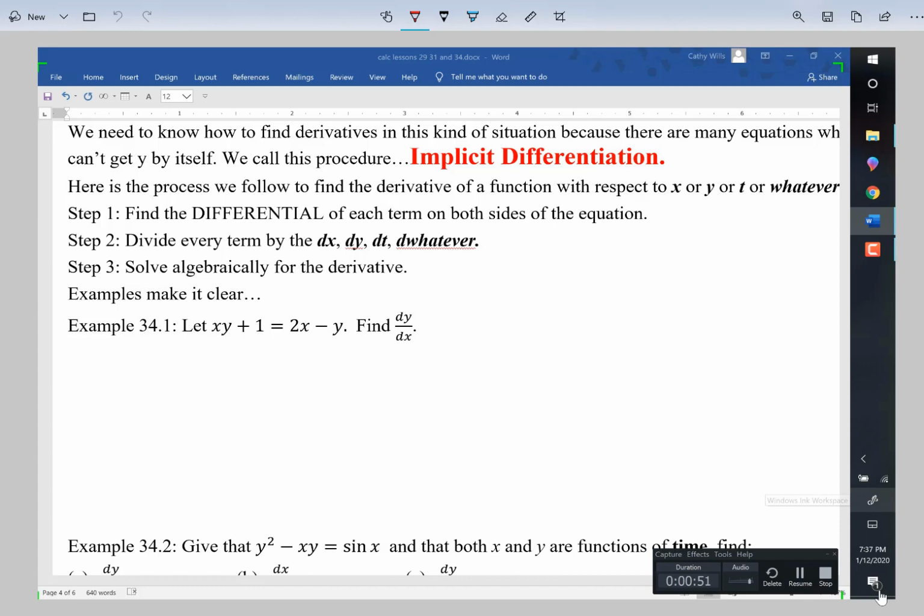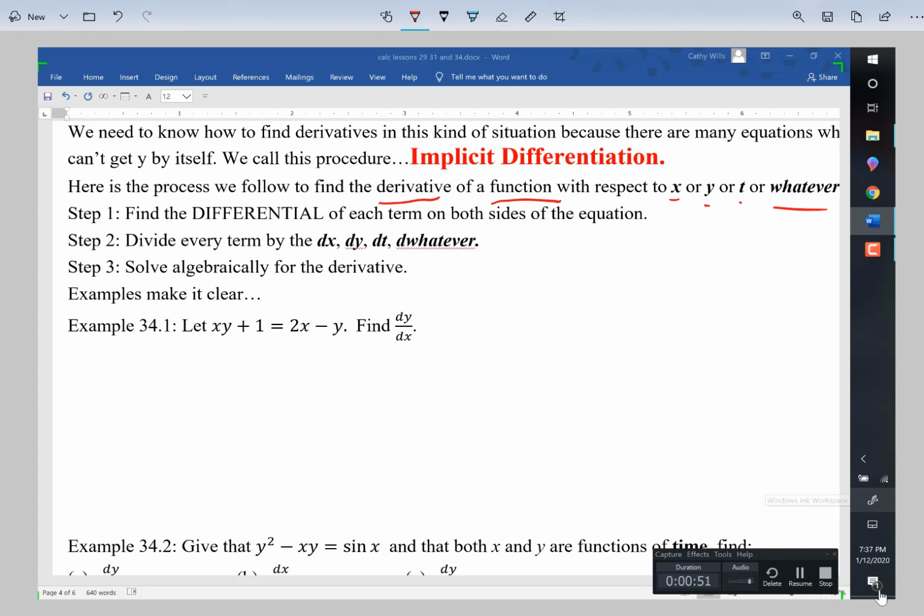If you're going to take the derivative of a function with respect to x or y or t or whatever, it's always going to tell you you're finding the derivative with respect to some letter, because this equation could have lots of different letters in it, and you have to know which letter is supposed to be d dx, d dt, d ds.